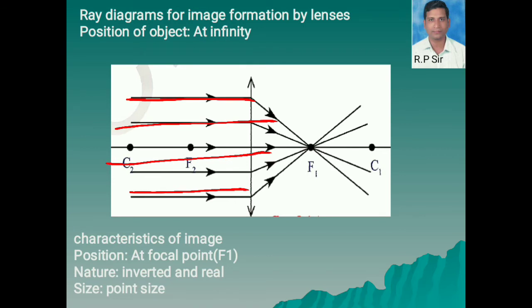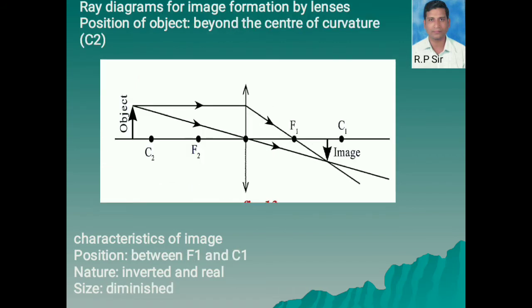We know that when a parallel beam of light is incident on a lens, particularly a convex lens, after refraction it converges at focus and the image will be formed at the focal point, that is F1. It is an inverted image and a real image and the size is point size.